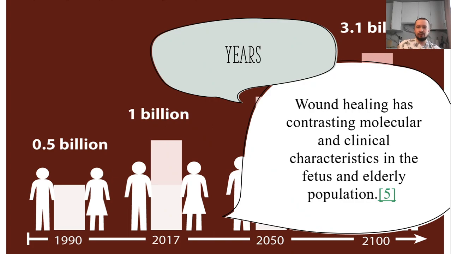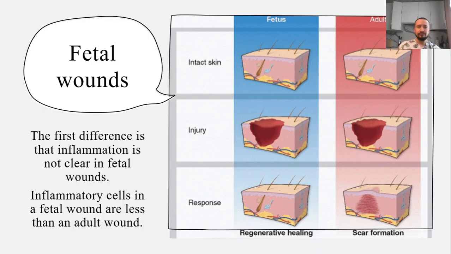Wound healing has contrasting molecular and clinical characteristics in the fetus and the elderly population. The first difference is that inflammation is not clear in fetal wounds. Inflammatory cells in a fetal wound are fewer than in an adult wound.